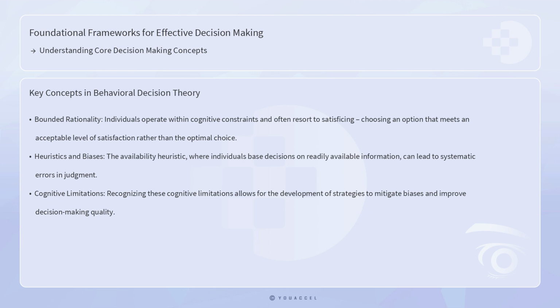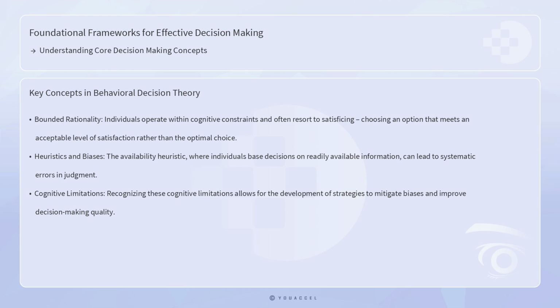Behavioral decision theory, introduced by Herbert Simon, challenges the notion of perfect rationality by introducing the concept of bounded rationality. According to Simon, individuals operate within cognitive constraints and often resort to satisficing, choosing an option that meets an acceptable level of satisfaction rather than the optimal choice.